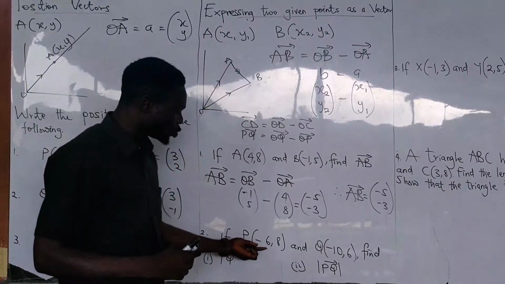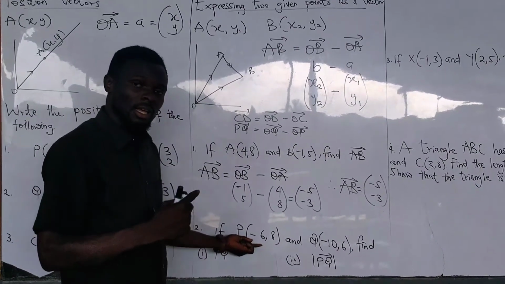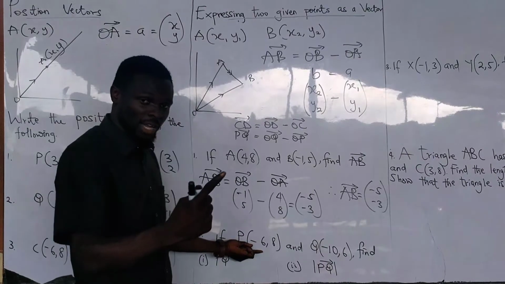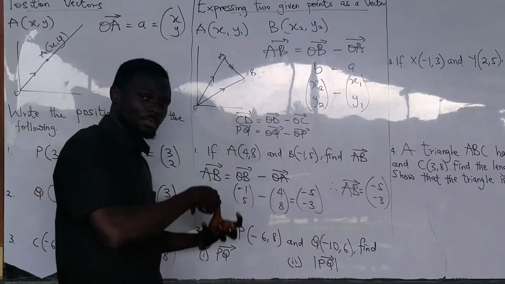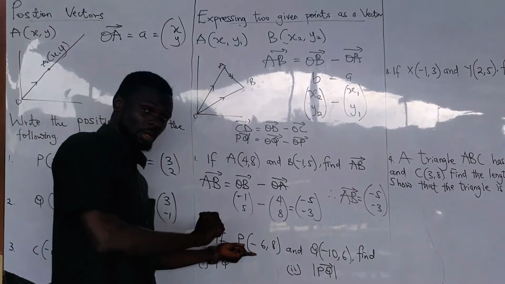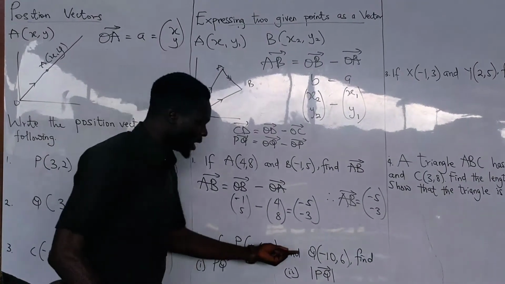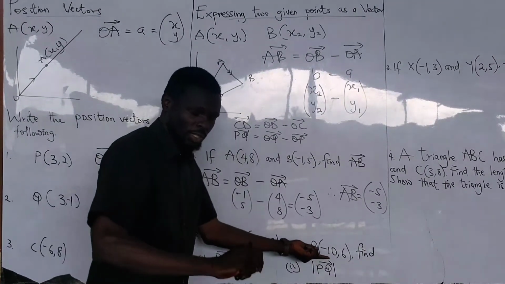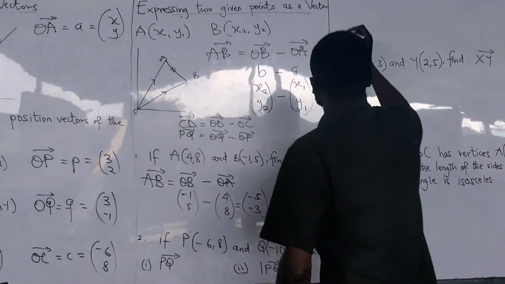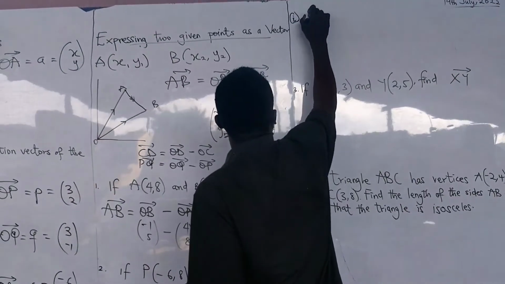And we know that to express a point as a vector, or to find the position vector of a point, every point is referred from the origin. So you can calculate for OP, which is the same as small letter p, and that of OQ, which is the same as small letter q.